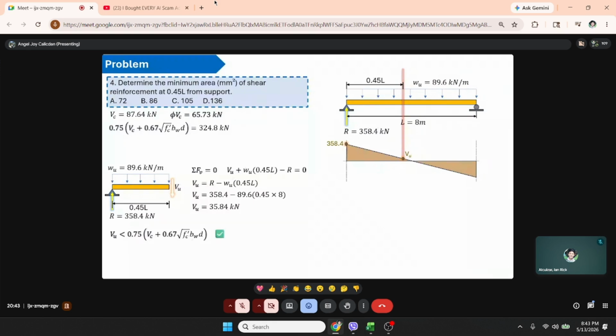And i-check na to if enough ra ang dimension. So, okay, check. Vu is less than 0.75 times Vc plus 0.67 square root of fc prime bwd. And we also need to check ang half sa phi Vc kay gamay man jud kay siya ang Vu.